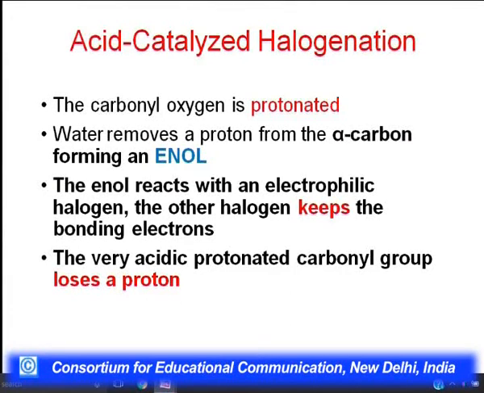When this double bond approaches the bromine molecule, polarization is induced in bromine, and bromine gets a positive charge which replaces the alpha hydrogen, and the other bromine parts with the bonding pair of electrons. Now we get a very acidic protonated carbonyl compound which loses a proton, resulting in the formation of alpha halogenated product.